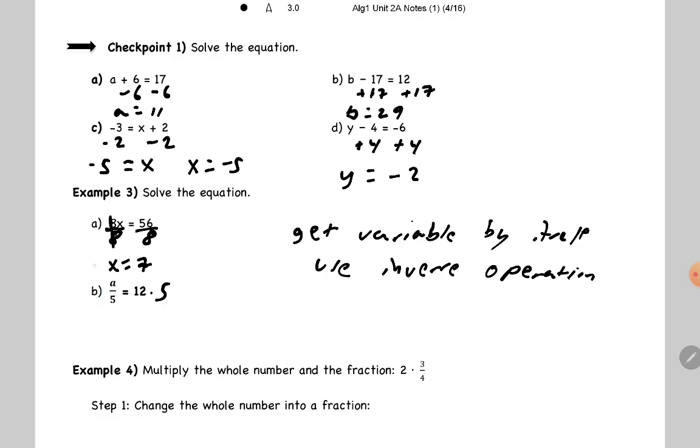Or you can say I don't like to use x, but you can use x if you like, but I'm just saying multiplying by 5. Okay? But what happens is that these will cancel. And then I'm left with a equals 12 times 5, which is 60.